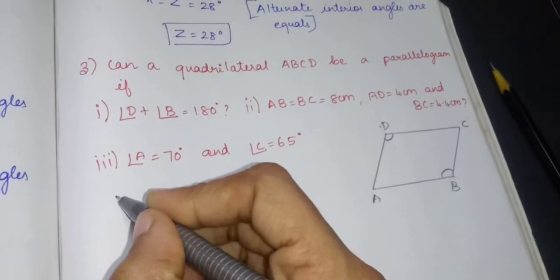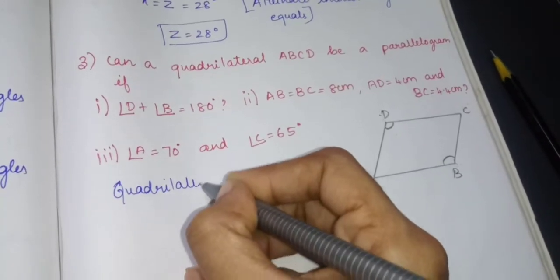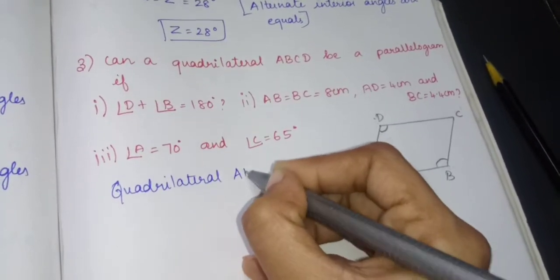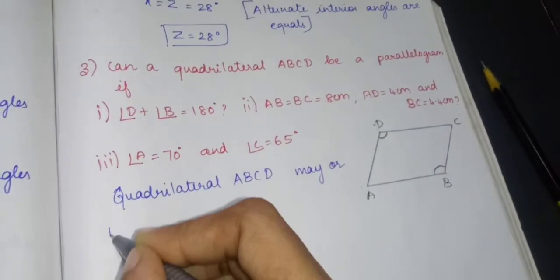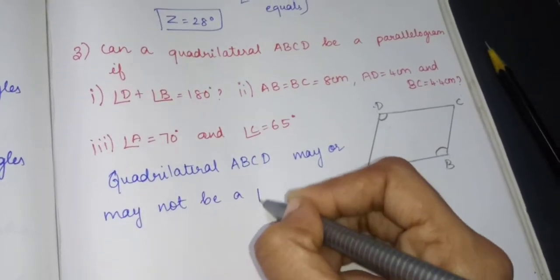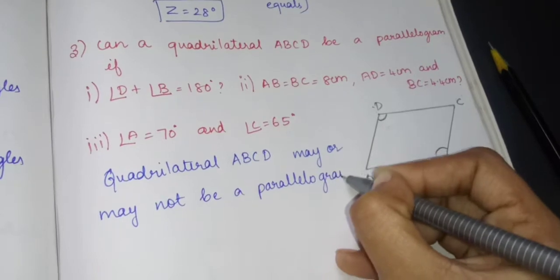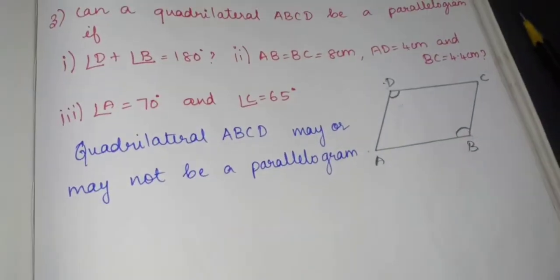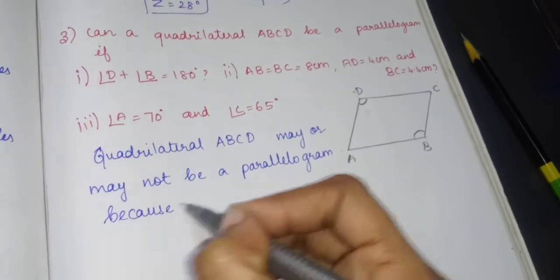So what we can write is quadrilateral ABCD may or may not be a parallelogram, because it should prove two or more properties.